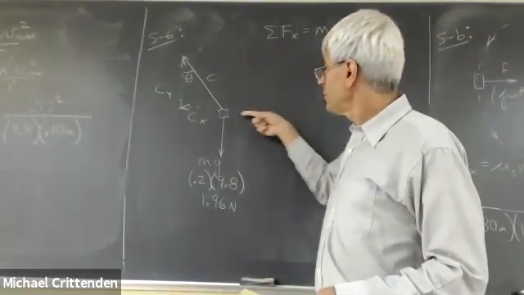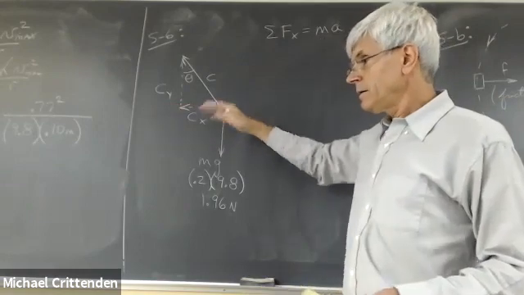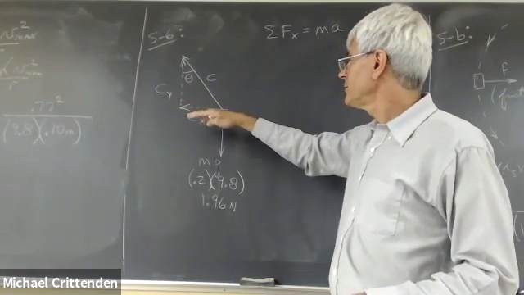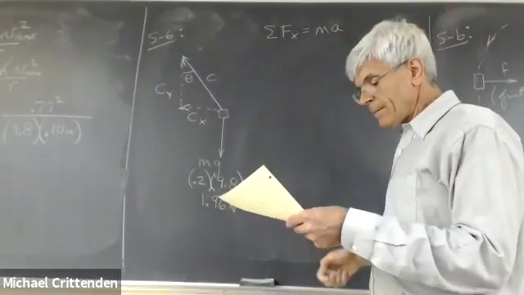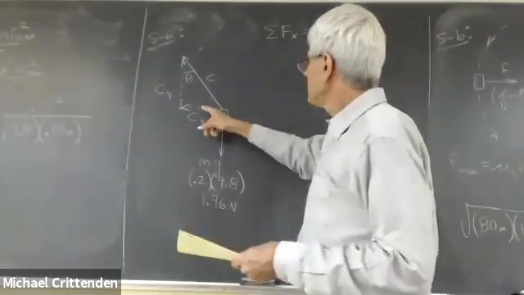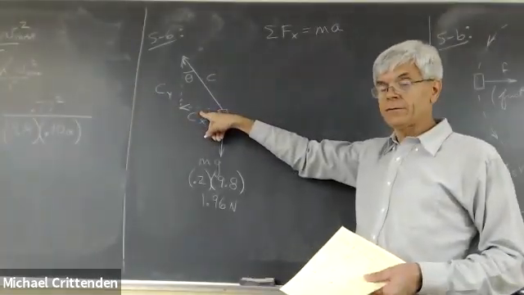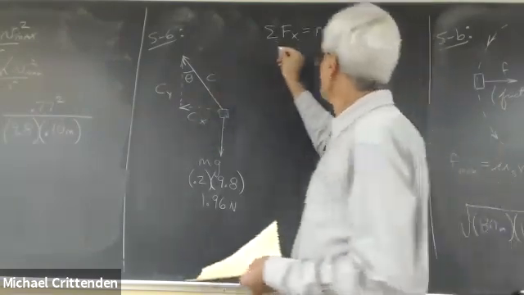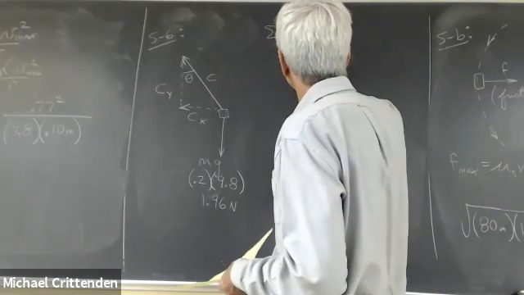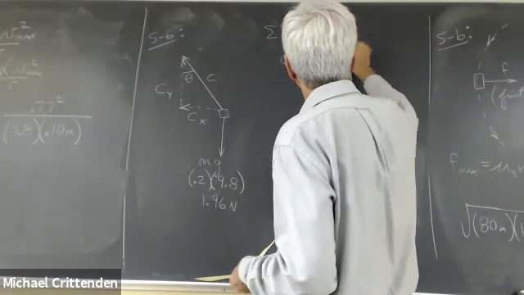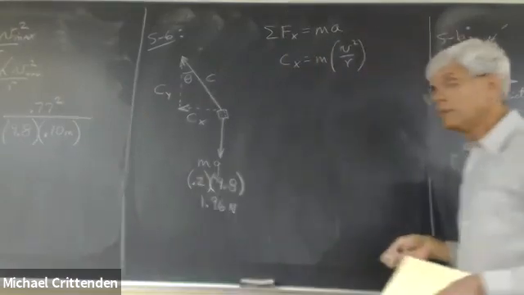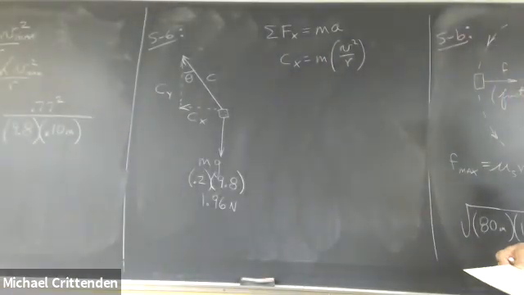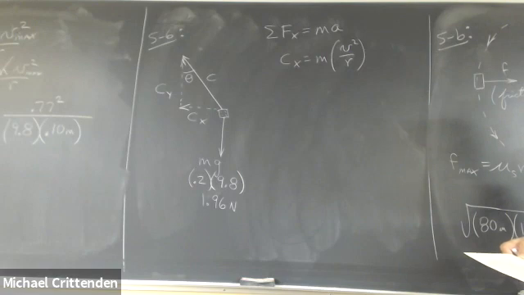The acceleration is in a horizontal direction, so AX is equal to A. There is only one X force to put in here. That's this X component. So CX equals M times, since the car is in uniform circular motion for as long as it's on the curve, its acceleration equals V squared over R.